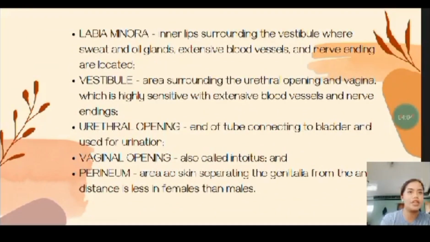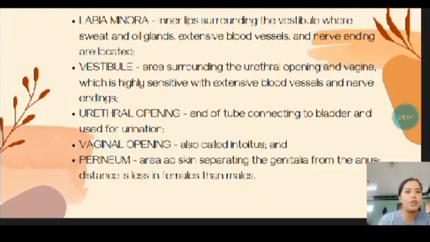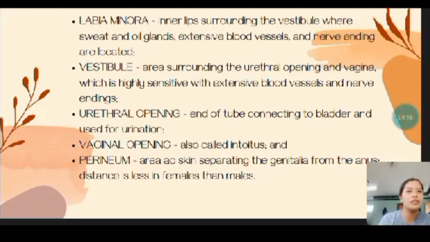Labia minora: inner lips surrounding the vestibule, where sweat and oil glands, extensive blood vessels, and nerve endings are located. Vestibule: area surrounding the urethral opening and vagina, which is highly sensitive with extensive blood vessels and nerve endings. Urethral opening: end of the tube connecting to the bladder and used for urination.